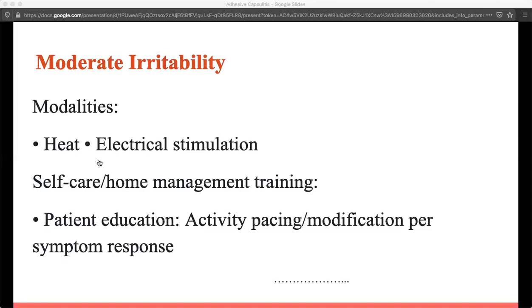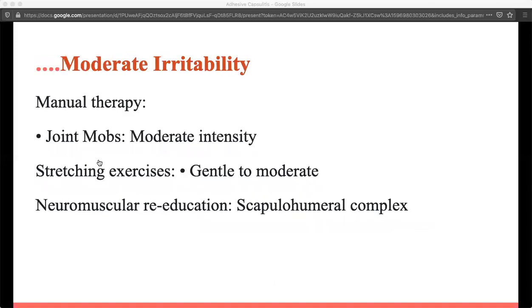Stretching exercises, we'll talk about that later, and we'll talk about what criteria to use to decide how much stretching this patient can tolerate. Gentle to moderate stretching. And then you have neuromuscular re-education, scapulohumeral complex. We'll talk about that too later on.